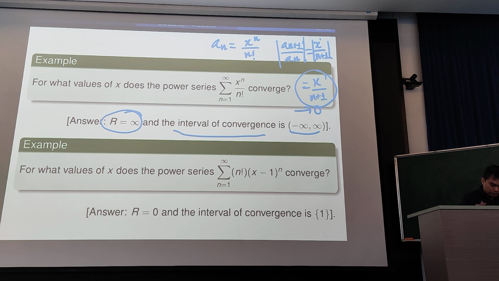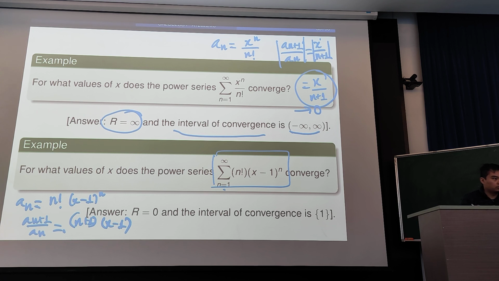For the second example, we have this series, and now an has this form: n factorial multiplied with (x minus 1) power n. Again, you see a factorial, so I suggest you use the ratio test. The ratio test means we should consider this ratio, and it is n plus 1 multiplied with x minus 1.